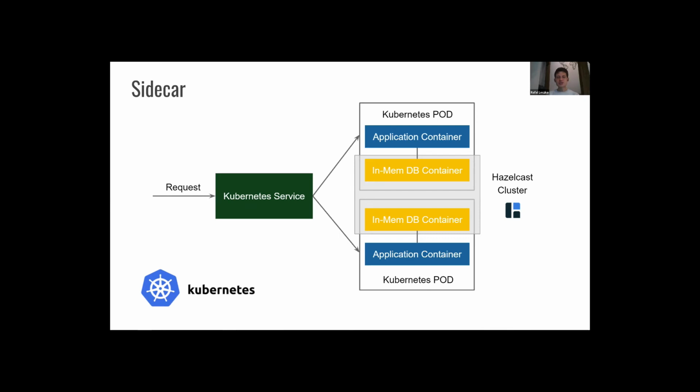Now, the thing about Sidecar is that Kubernetes guarantees that the sidecar container and the application container, basically all containers running in one Kubernetes pod, are deployed on the same physical machine. So you know that your in-memory database container is close to your application.